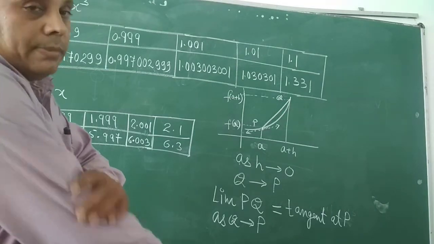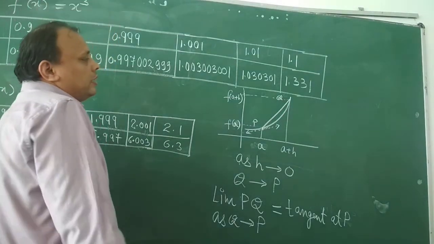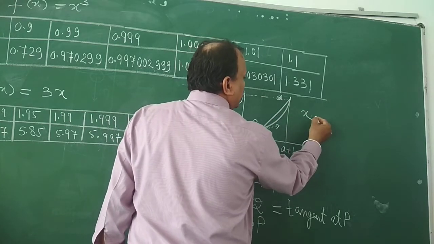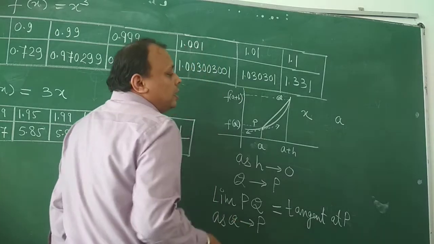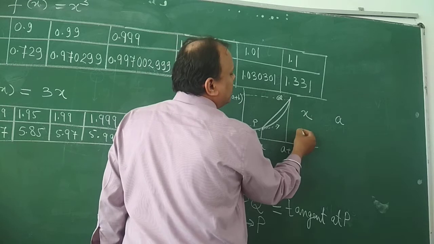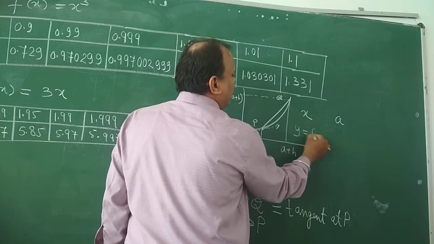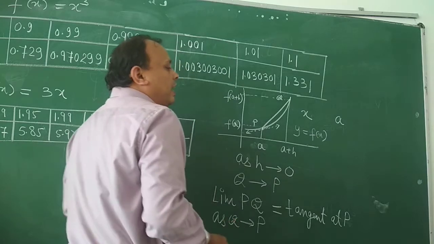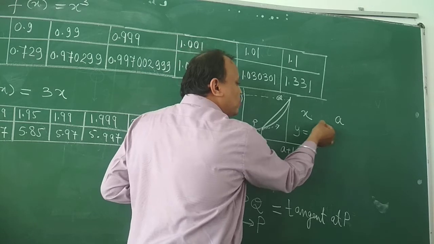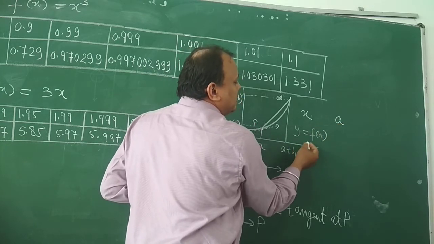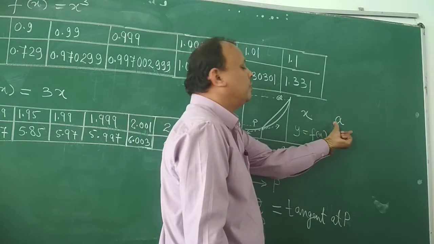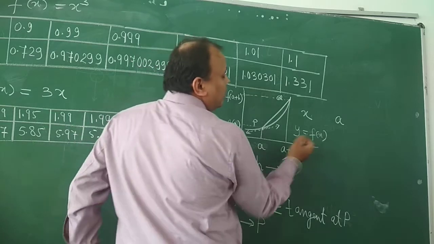Basically, what do we mean by limits? First, I would like to tell you, if the quantity x is approaching a, and x is the independent variable and y, the dependent variable, is equal to f of x, and you want to find its value as x is nearer and nearer, trying to approach a, then whatever will be the value of f of x at the approached value of x, we say that we can find the limit of f of x.